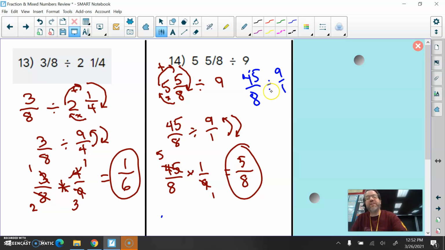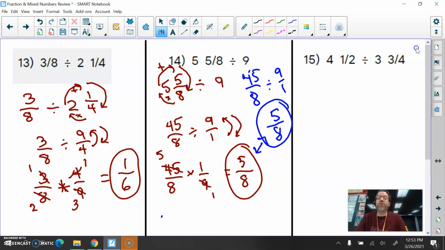But if you are dividing fractions and you just happen to have numerators that divide nicely and denominators that divide nicely, you can just divide 45 by 9 and get 5. And then 8 divided by 1 is 8. Notice we get the same answer both ways. Nonetheless, though, I think it's just good practice to, anytime you're dividing by a fraction, rewrite it as a multiplication problem by multiplying by its reciprocal value.